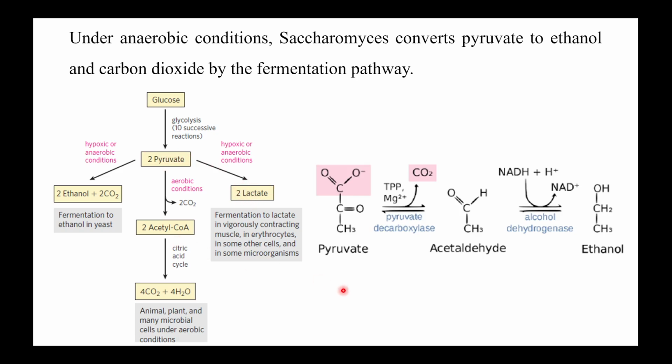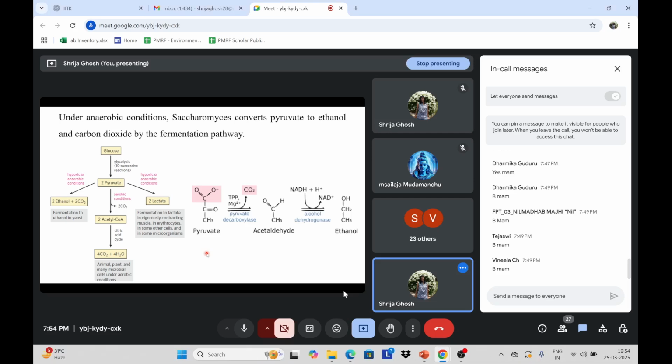So that is also a fermentation process, and in that process, lactate is formed, and that lactic acid actually causes the muscle pain that we feel while running very fast. Okay, so these are two fates of pyruvate under anaerobic conditions. That's clear to everyone?